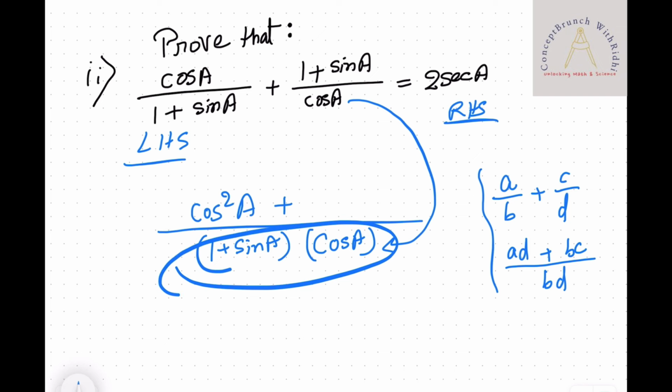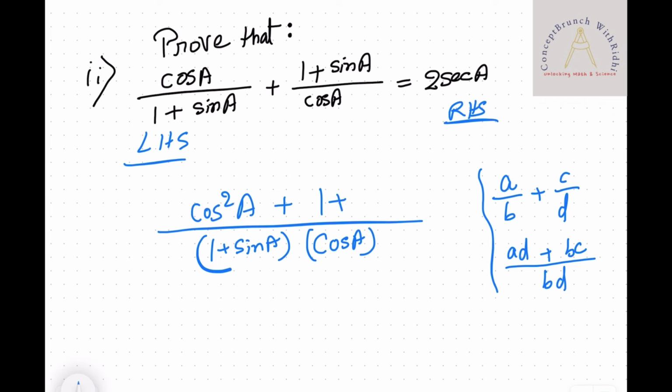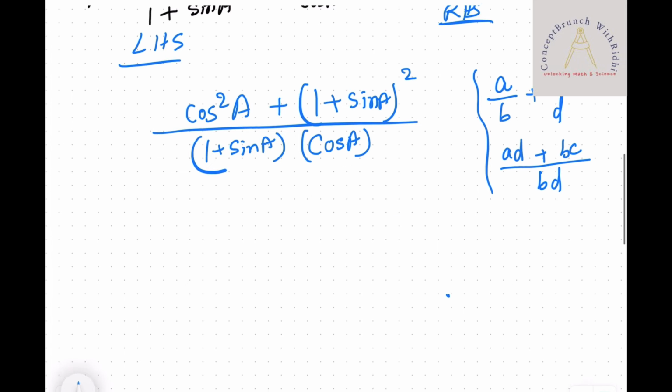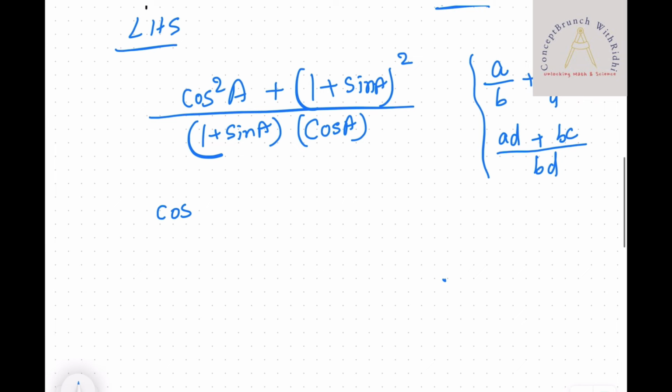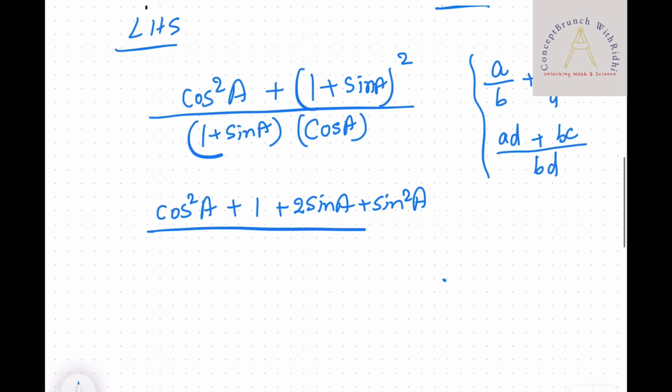What is remaining? 1 plus sin A. And we'll multiply this sin A with this one, 1 plus sin A. So what is the answer remaining? (1 plus sin A) whole square. Easy, right? Let's expand it now. When you expand it, it will become cos squared A plus 1 plus 2 sin A plus sin square A, correct? And divide by (1 plus sin A) times cos A.